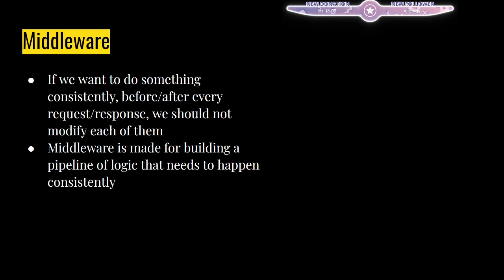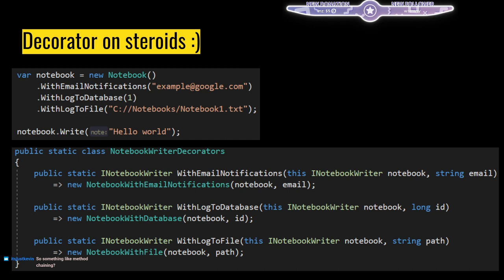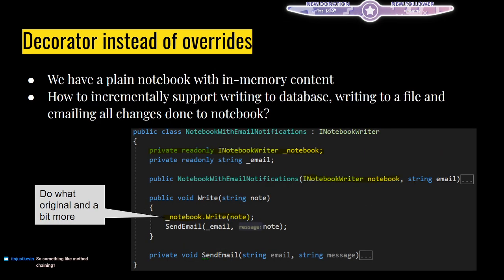Middleware also helps to ensure this. It's not method chaining, although it's similar to method chaining if you want to seek similarities, but rather than chaining methods, you're just calling what the original called.